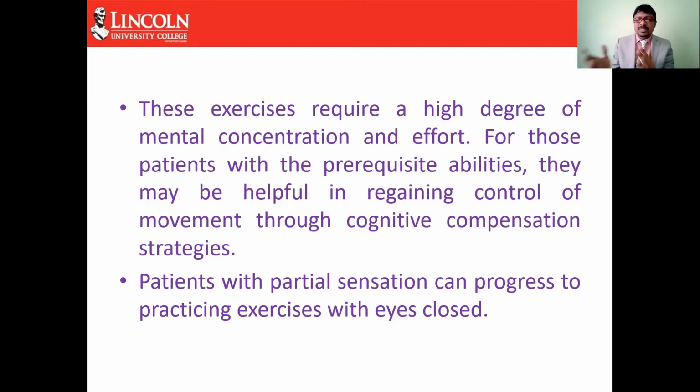This type of problem we are going to find. And also there is initial loss of the movement, because of hypotonia they are unable to perform the movement. In those conditions, the patient has to put in more effort.